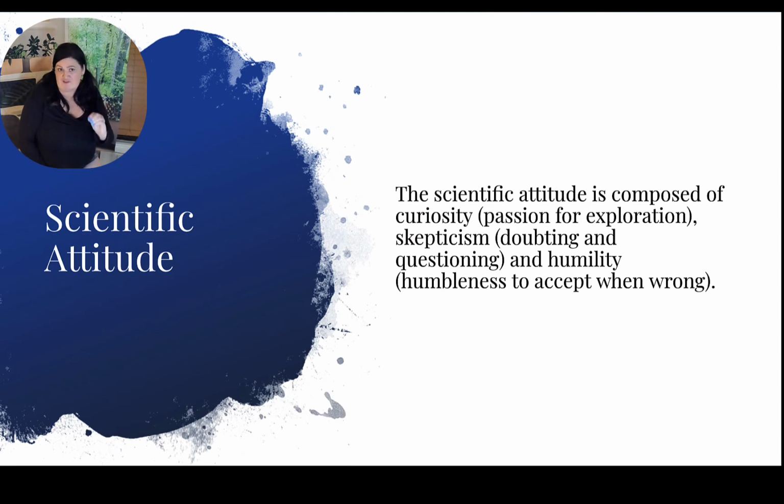Also, though, having some skepticism and doubting and questioning things so you aren't just some gullible mush. And you need a little bit of humility too, right? Or being at least humble enough to accept the fact when you're wrong. And really having these characteristics changes everything for you as you become a more sophisticated thinker or critical thinker, so that you're not just this brainwashable figure on earth. And that's pretty much it.